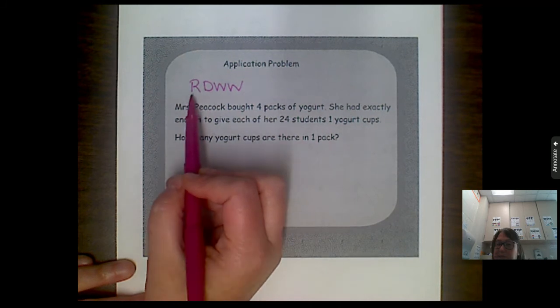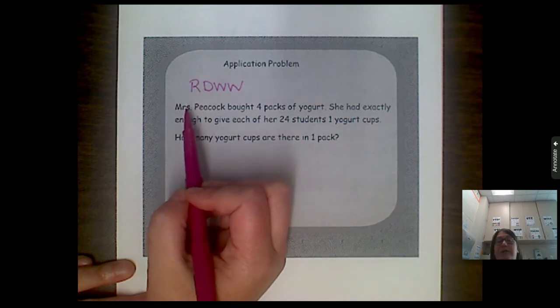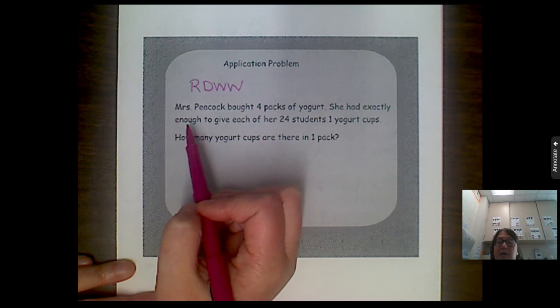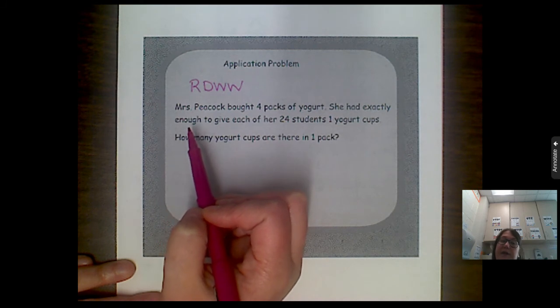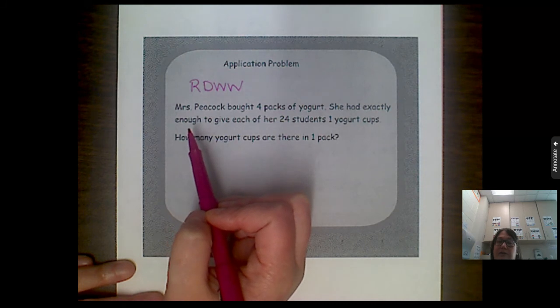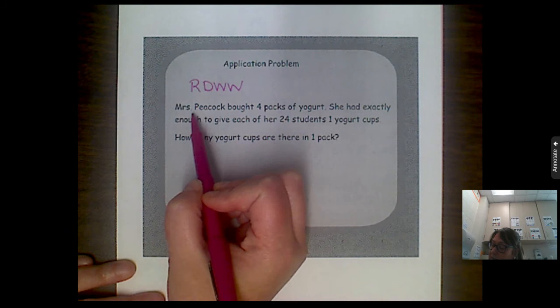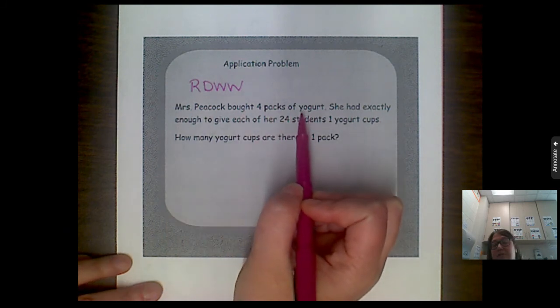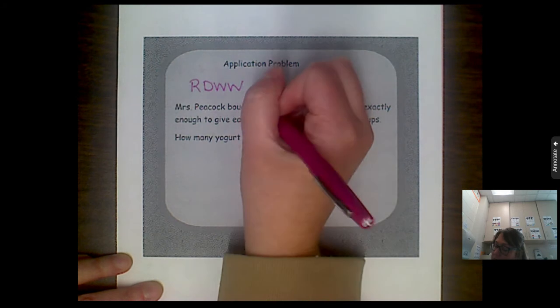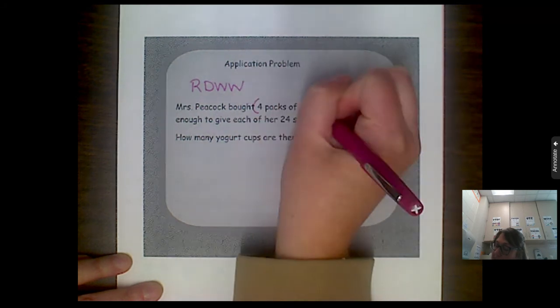Let's do our read. Our reading is not just reading the words, but pulling the problem apart, looking for important information, putting parentheses around it, underlining, circling totals if we know it, highlighting clue words, all that good stuff. Mrs. Peacock bought 4 packs of yogurt. Do we think that's important? I agree. So she had 4 packs of yogurt.